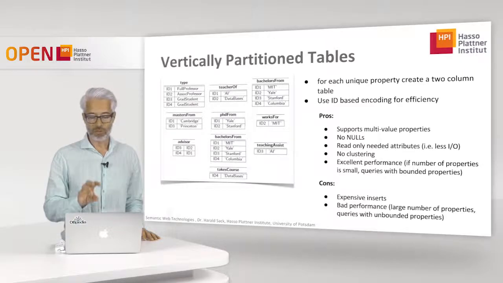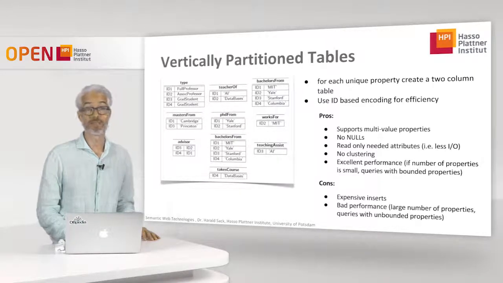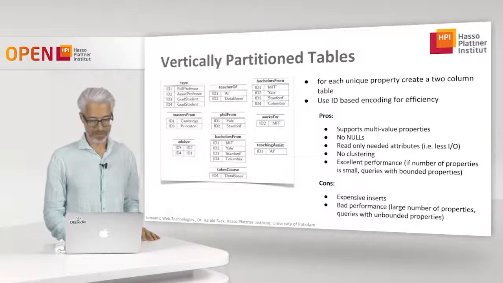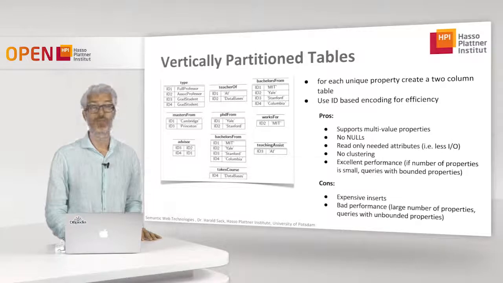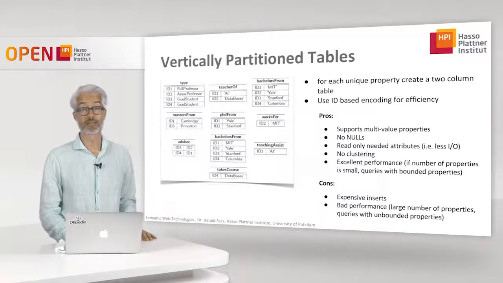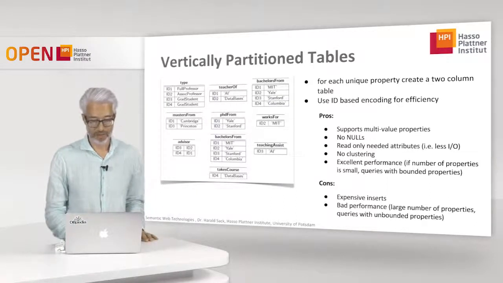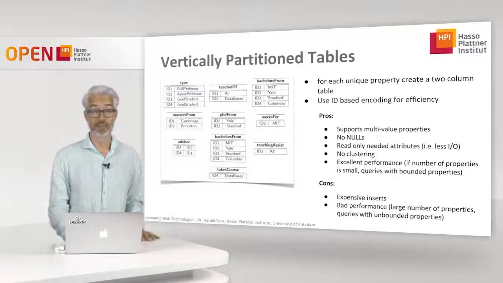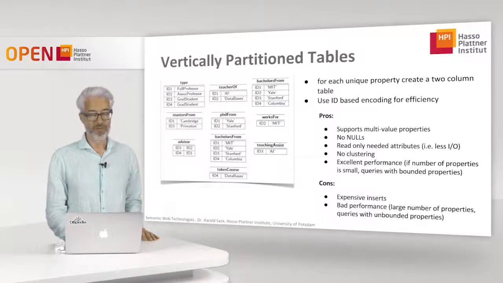So queries with unbound properties are really complicated and excessive in terms of memory and time consumption for computing a result. So you see also vertically partitioned tables are not necessarily always the best choice for implementing RDF databases on top of relational database management systems.